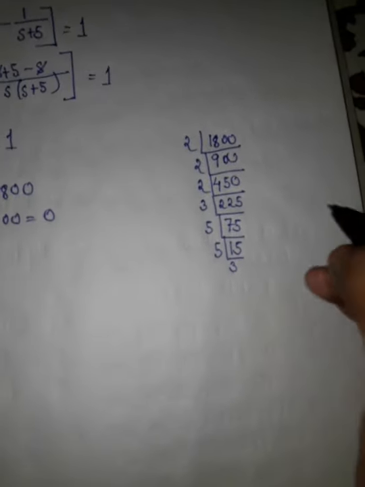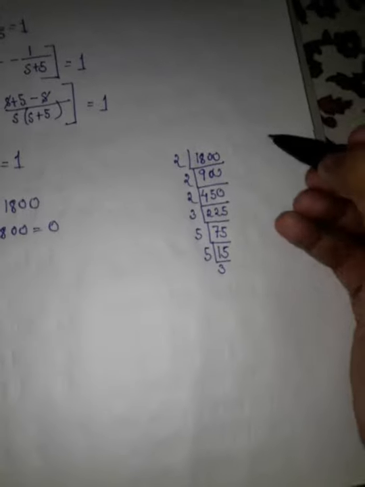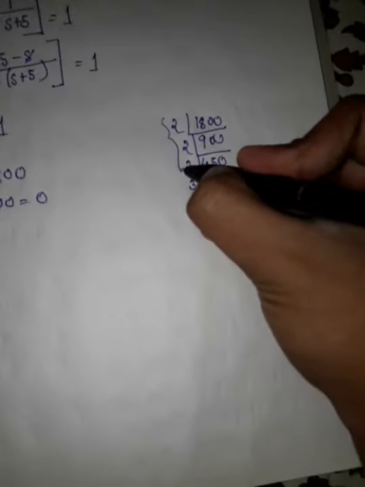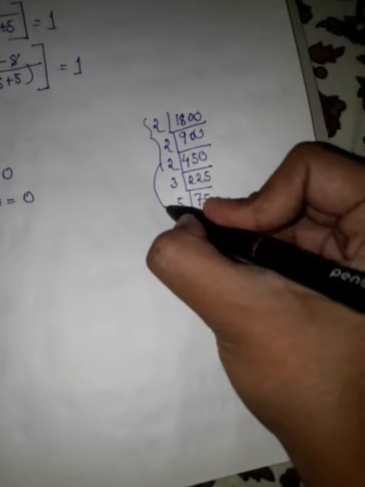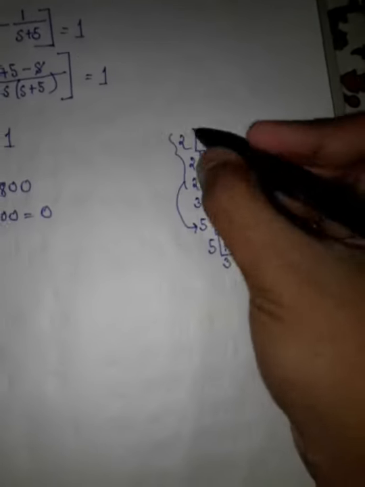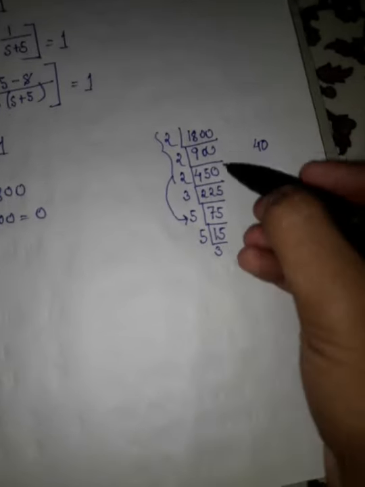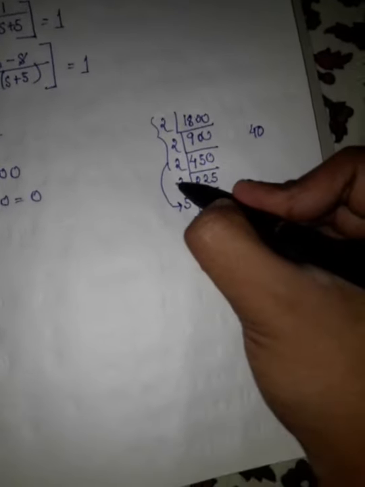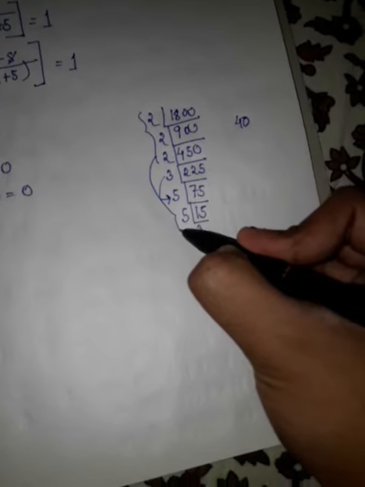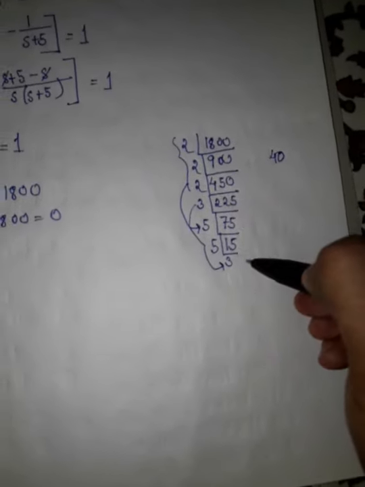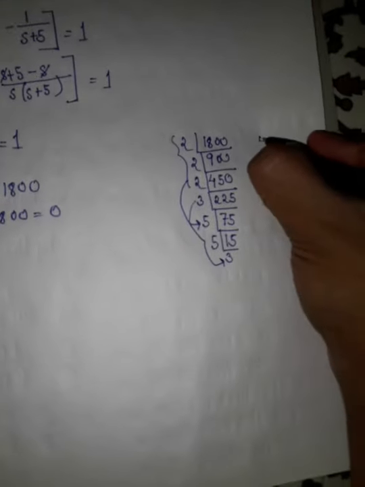So we might take 2 into 2 into 2 and 5, if we multiply all those, we will get 40. And the rest, if we multiply 3, 5 and 3, that means 3 into 5 is 15, 15 into 3 is 45.